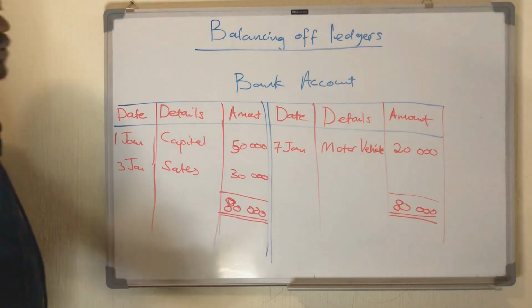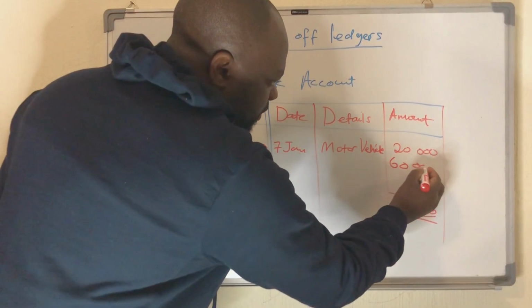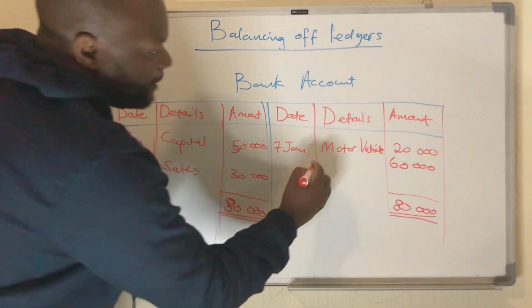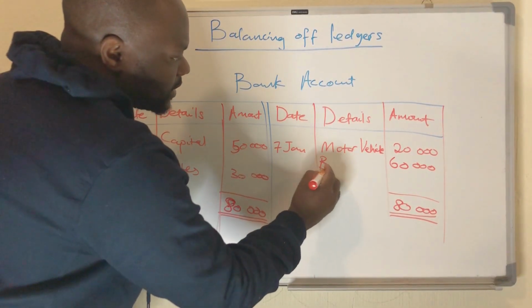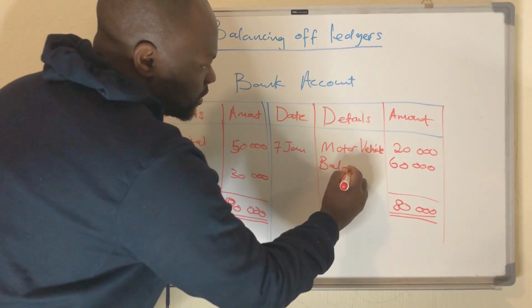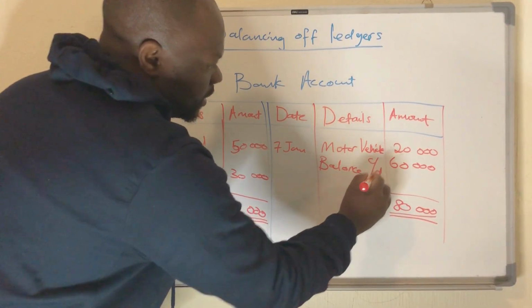In this case, you are going to get 60,000. This 60,000 we call balance CD, balance carried down.